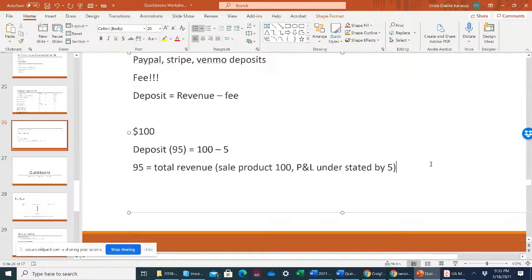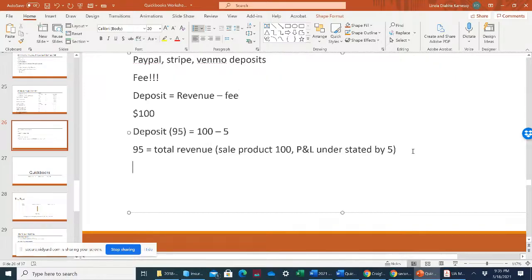So what you should do is, when you get those deposits from PayPal, Stripe, or whatever, hopefully this is one way you can connect. I wanted to make a bullet point. You can connect PayPal and Stripe to QuickBooks.